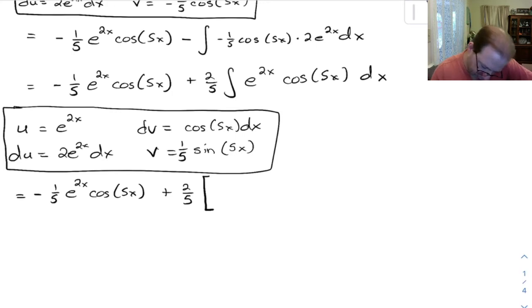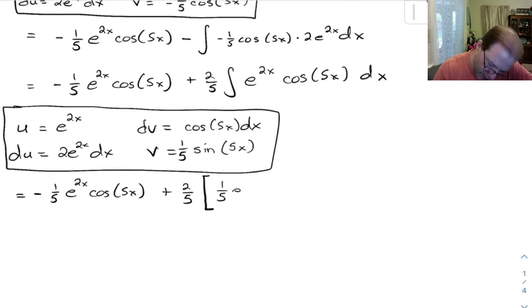My uv is going to be 1/5 e to the 2x sine 5x minus integral v du. When I put v du together, I get 2 times 1/5. I'm going to bring that out front. So I get 2/5 integral, let me rewrite that so it's neater, 2/5 integral of e to the 2x sine 5x dx.